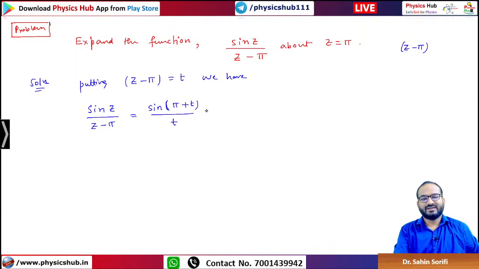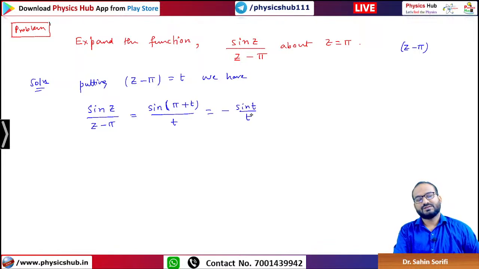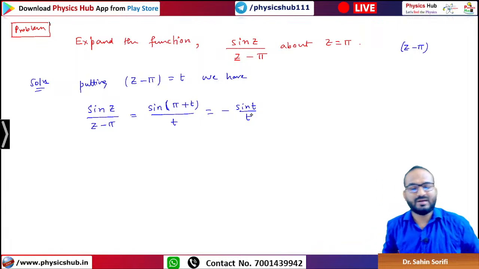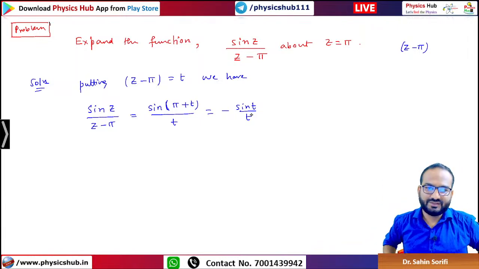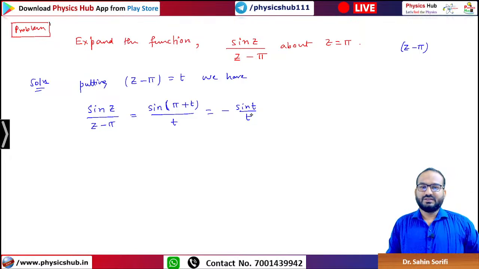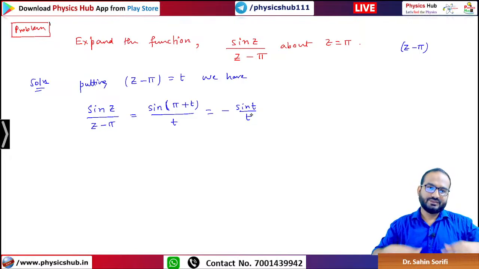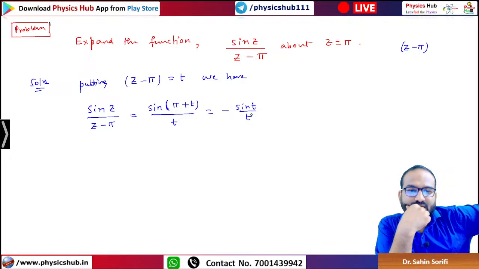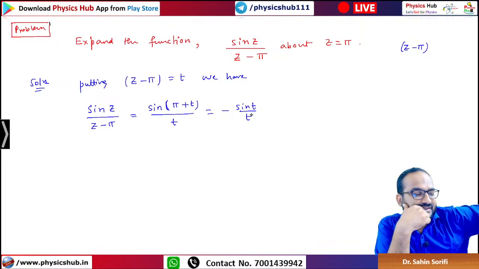Now sin of pi plus t is what? Minus sin t. This is the reason we took z minus pi equals to t. We have assumed some variable because we have sin in the numerator, and if you put z equals to pi plus t, it becomes minus sin t.